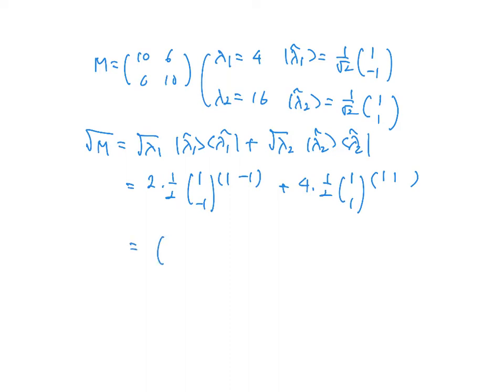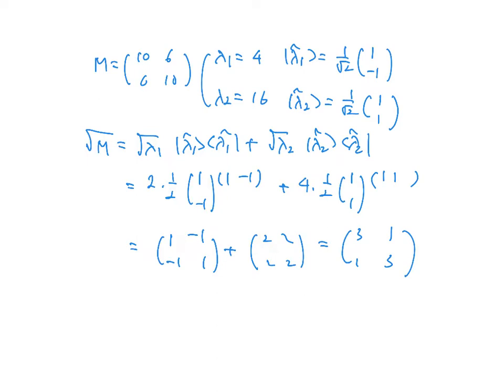So that is (1, minus 1, minus 1, 1) plus (2, 2, 2, 2), which gives 3, 1, 1, 3. That's your square root.